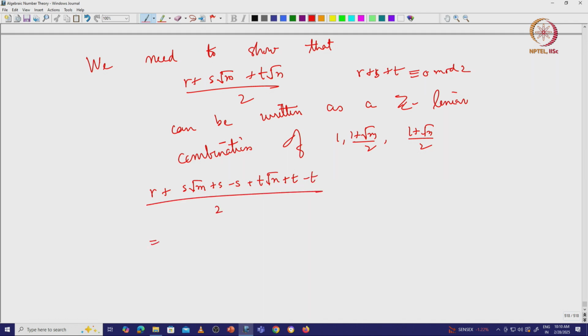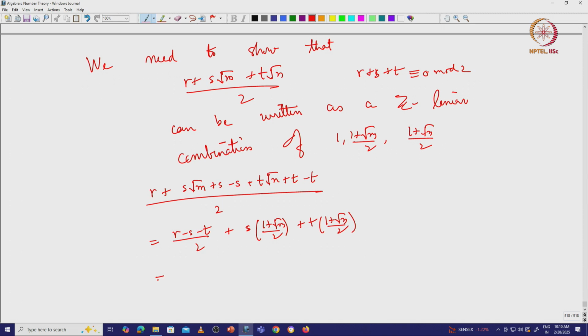And so, you can write this as r minus s minus t by 2 plus s times 1 plus square root of m by 2 plus t times 1 plus square root of n by 2.